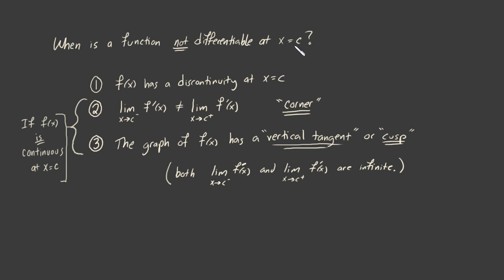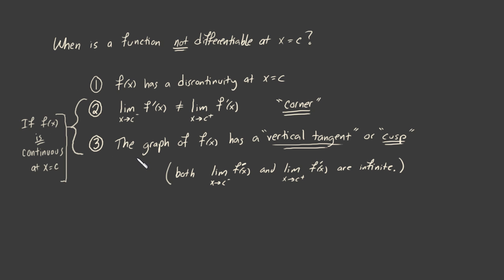So again, just to recap, we know a function's not going to be differentiable at a particular x equals c value, that the derivative at c is going to fail to exist if we have a discontinuity at that particular point, or if it is continuous at that point, if we see that the limiting slopes of the tangent lines coming in from the left and the right, the limiting values of the derivative coming in from the left and the right, if they disagree, even though they both exist, then we have a corner.